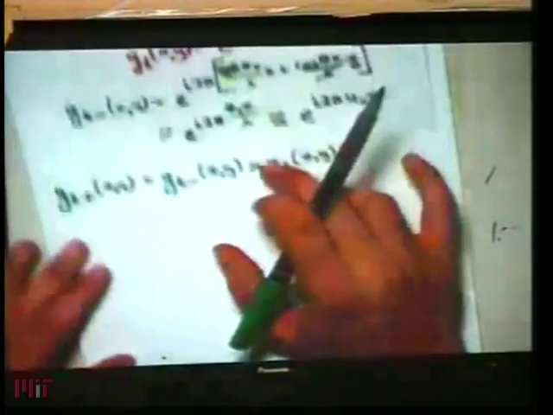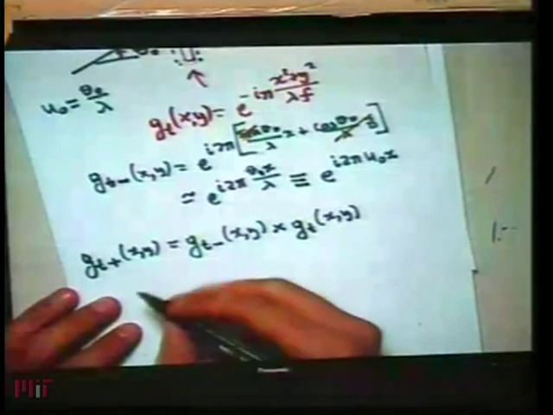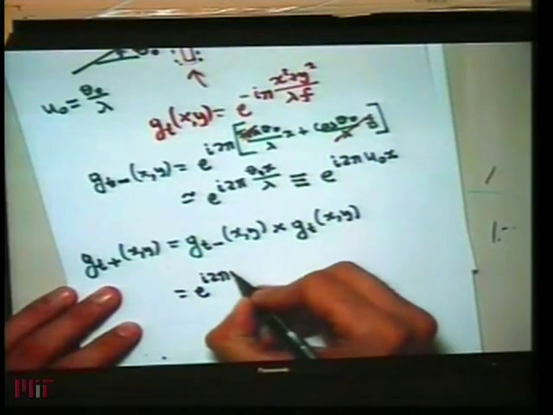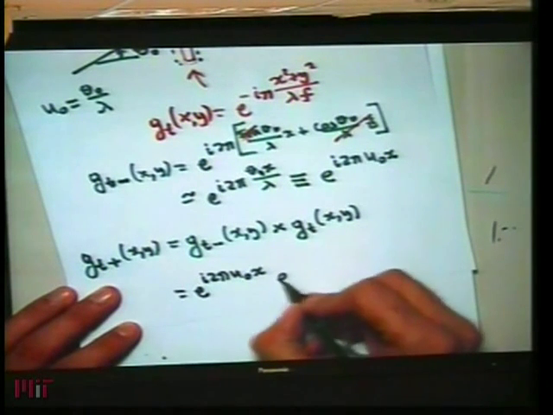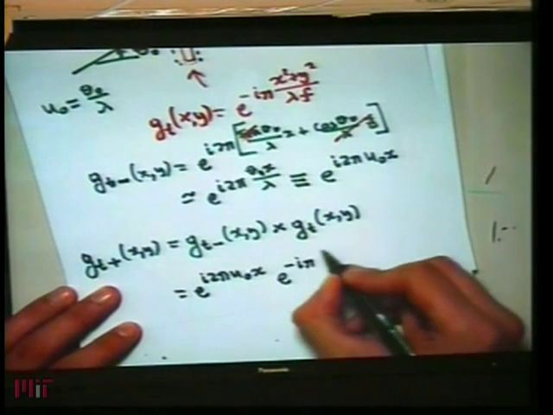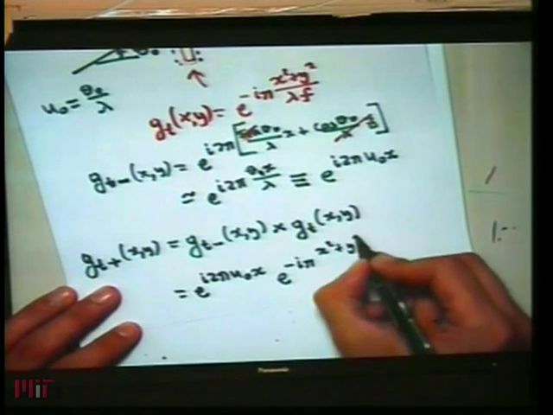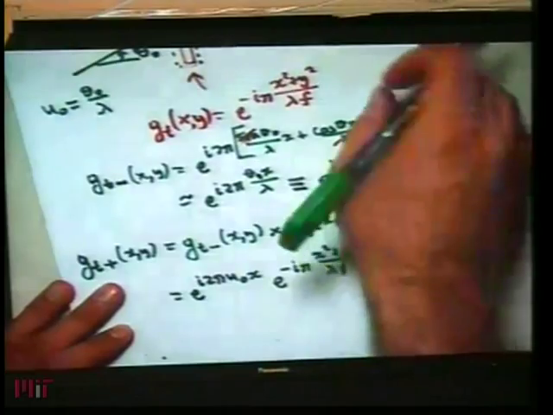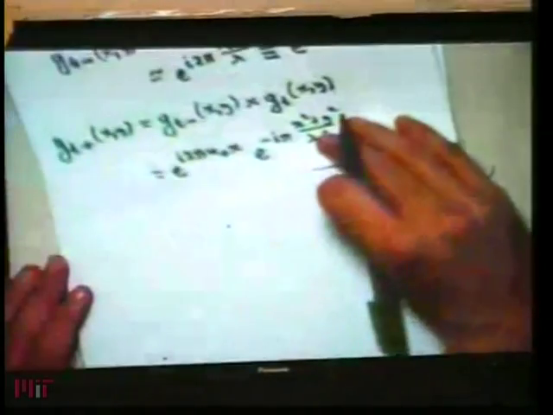So that justifies the algebra, I suppose. So let me write out this product over here. Okay, that's it. Let me leave it here so you can see.